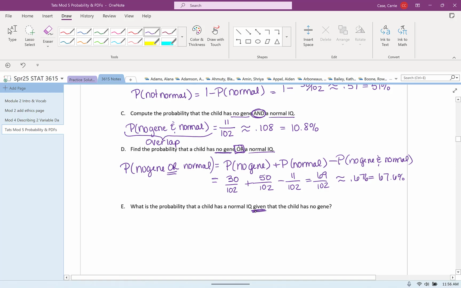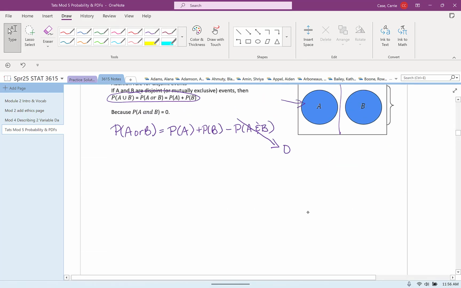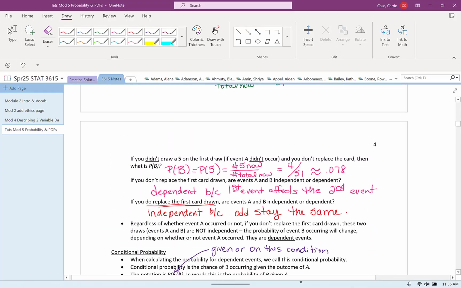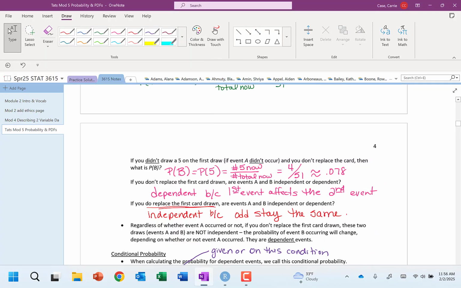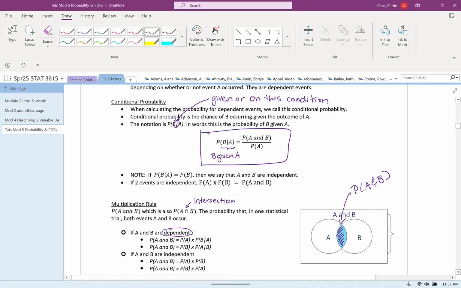And then finally, the last one is, what is the probability that a child has a normal IQ given, on the condition, that the child has no gene? So the probability of a child having normal IQ given, that's that vertical line, that the child does not have the gene. Well, let's go back and find the formula for that. Way back on page, I don't know, page 4. Oops. So the conditional formula is here.